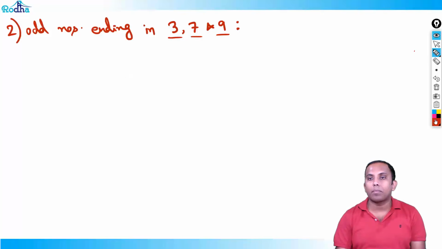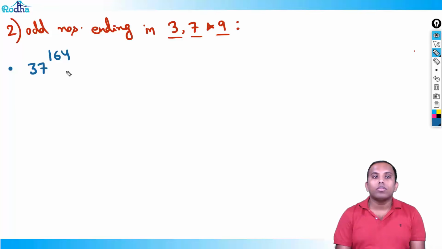See this example; I'll explain a very good concept. Suppose my number is 37 raised to 164. What are the last two digits of 37 raised to 164?